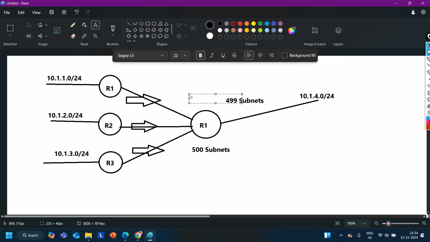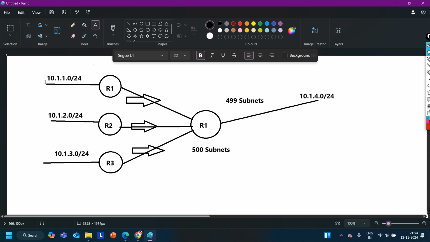So if we perform automatic summarization here on router number 1, then 10.0.0.0, right? Then it cannot forward traffic to its neighbor routers, maybe router 1, router 2, router 3. It will install only one prefix, either on this interface 0/0, or on 0/1, or on 0/2. So automatic summarization will not work in this scenario. Manually we have to summarize.